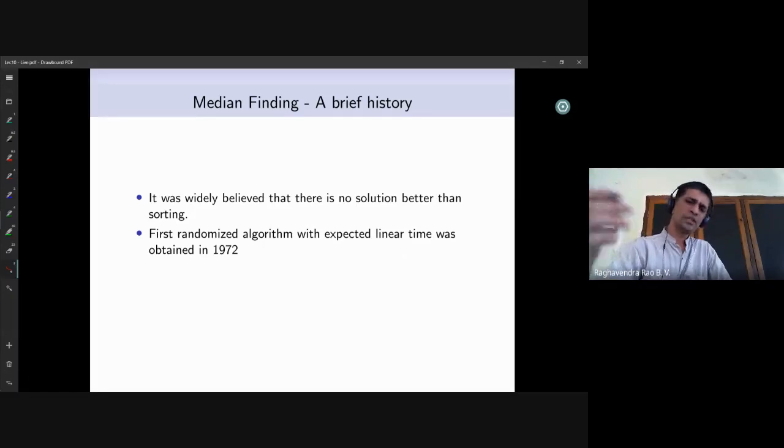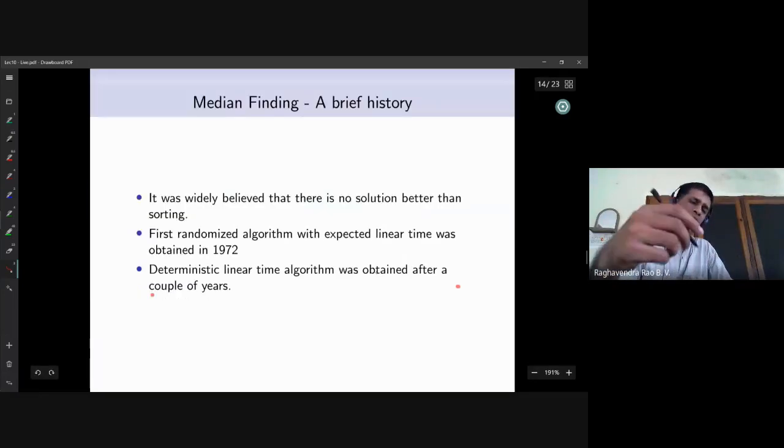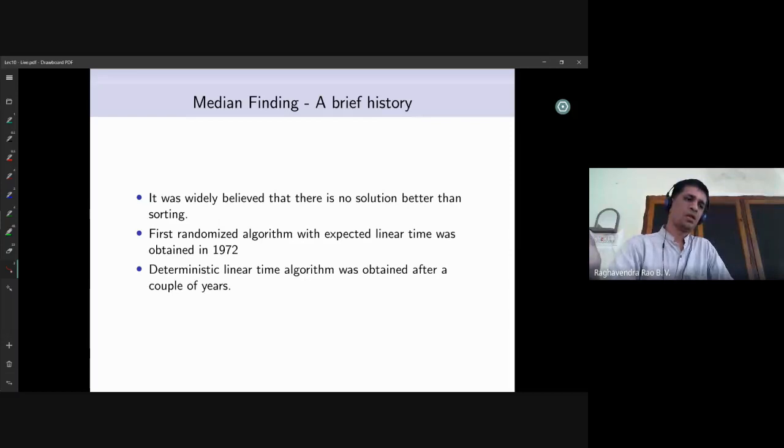Soon after, in two or three years, people also came up with deterministic linear time algorithms. One of them is called median of medians. We'll present this randomized algorithm, which is basically quicksort with some tweaks, and then we'll also see the deterministic solution, probably in the next lecture.